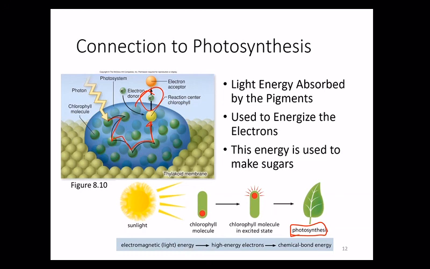And so the light energy that is absorbed is used to excite the electrons, and that will allow it to use that energy. In the case of our colorations, our dyes, that energy is typically not going to be used for chemical reactions, but the energy will be released as heat.